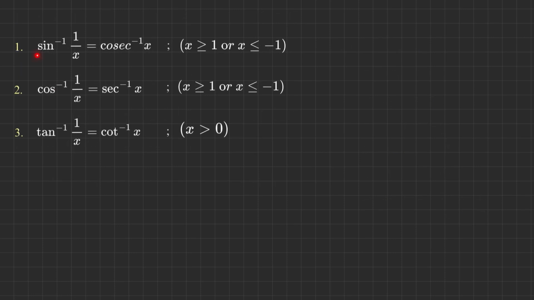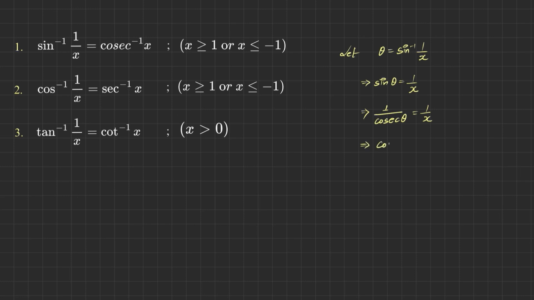Next we have sine inverse of 1 over x equals cosec inverse of x. So let theta equal sine inverse of 1 by x. Then it will be sine theta equals 1 by x. And as we know, sine theta is the inverse of cosec theta. So sine theta can be written as 1 over cosec theta equals 1 by x.